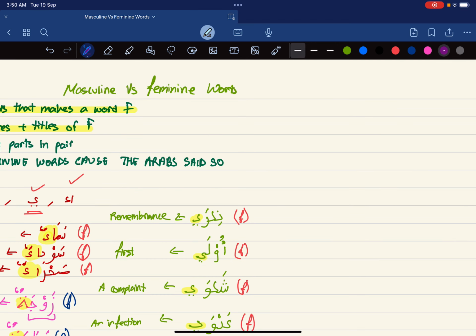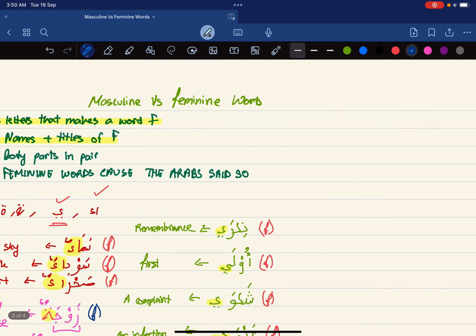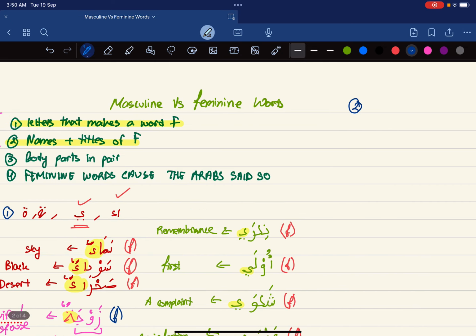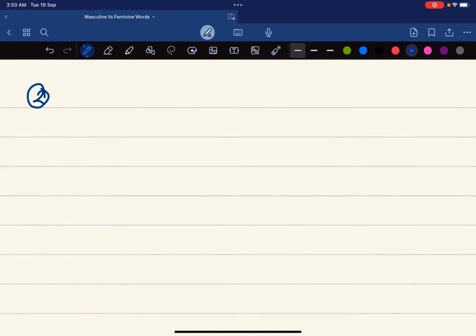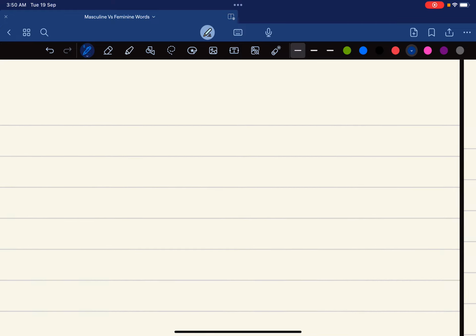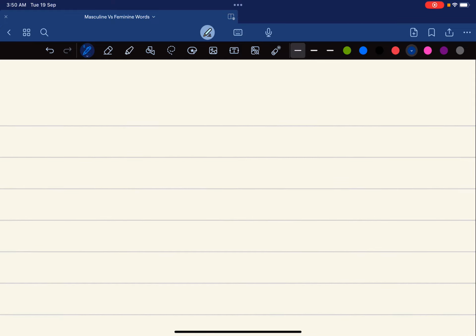Okay. Now let's look at number 2. Names and titles of females. Now when I say titles, what do I mean by titles? You know, nouns, names, whatever you want to call it. For example, look at the word sahibun.